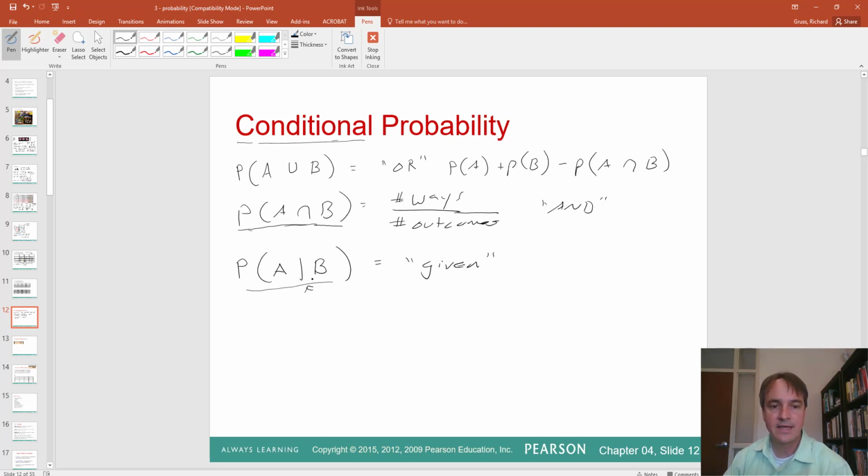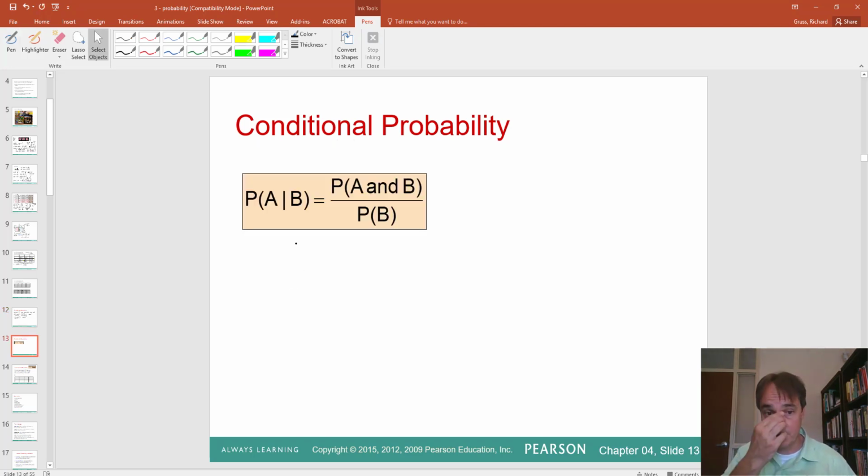These two are not the same, but they are related by a fairly simple formula. It turns out that the probability of an event A given that another event B has occurred is their, remember this is their intersection, so it's going to be their intersection divided by the probability of what's given.